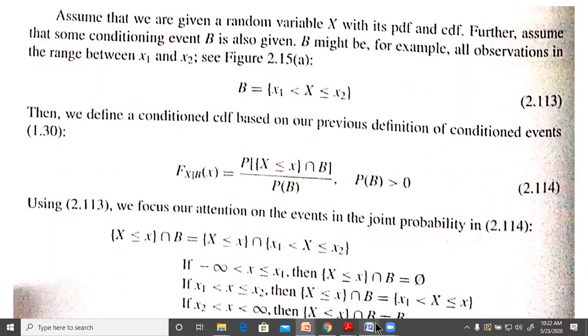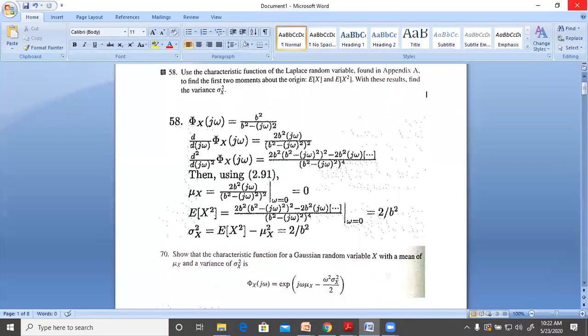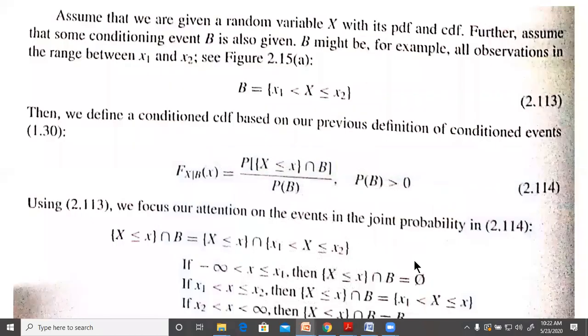That just means we are within this range x1 less than X less than x2. So here it is phi, here it is between x1 and x, here it is between x1 and x2, which is the same as B.